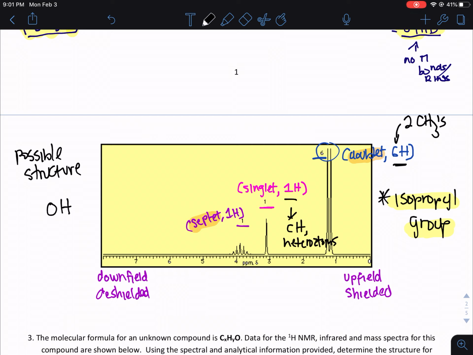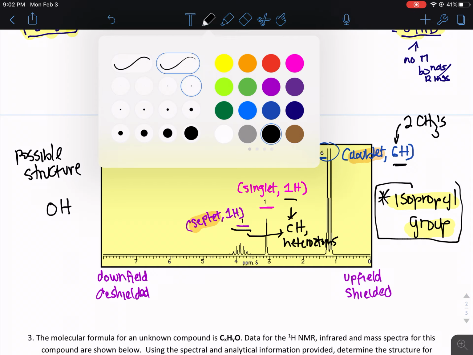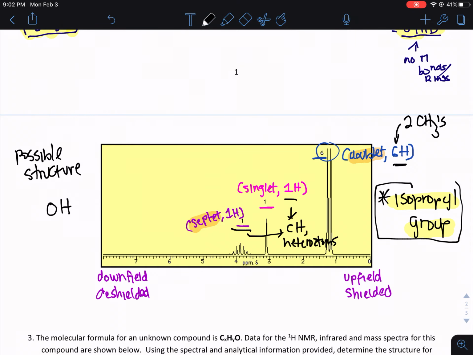The same goes for the other 1H: it could be a CH or a heteroatom. We also know that we have an isopropyl group. So how do you think we can arrange this? This is where the upfield and downfield comes into play. We know our most shielded is this right here, the two CH3s. So we're going to draw them as far away as possible from the OH.